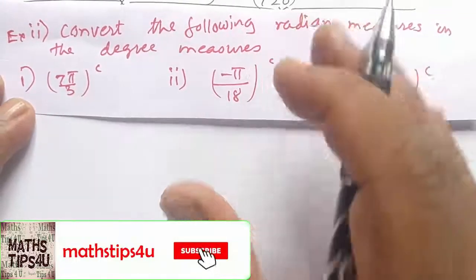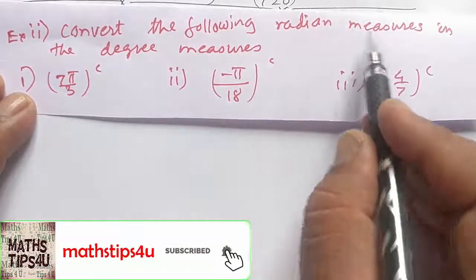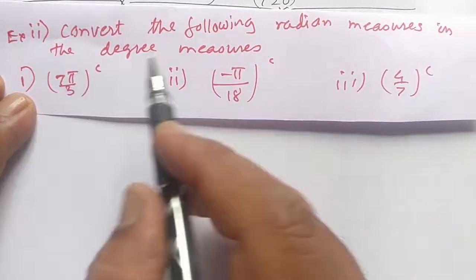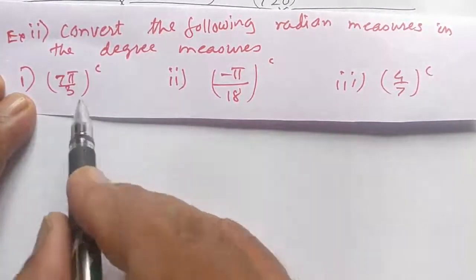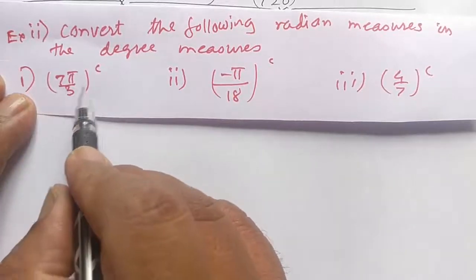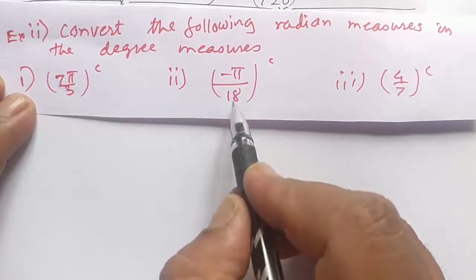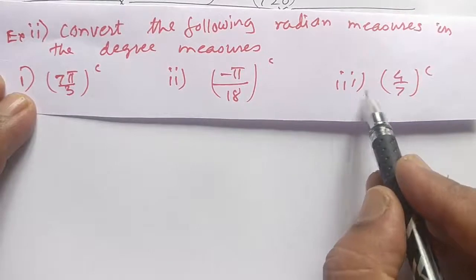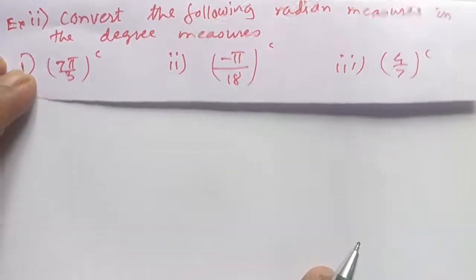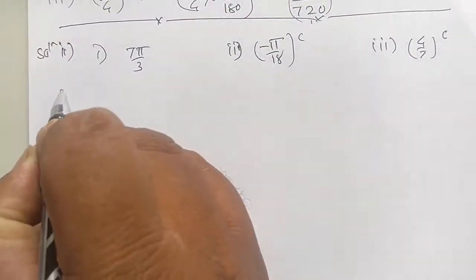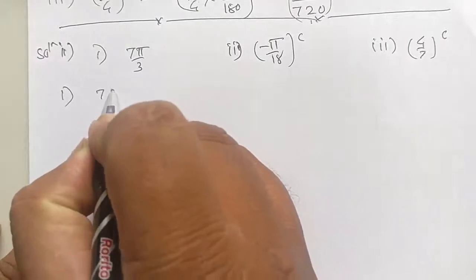Second example, convert the following radian measures into degree measures. Number 1, 7 pi by 3 radian. Number 2, minus pi by 18 radian. Number 3, 4 by 7 radian. Number 1, solution, 7 pi by 3.